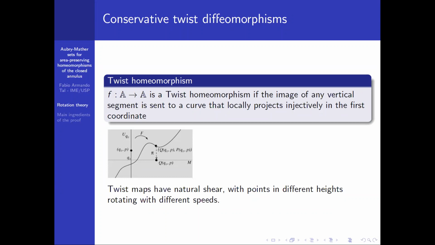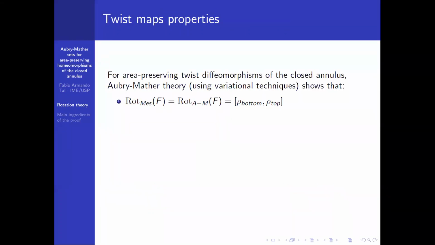And for twist homeos there is a very well-developed theory. It's called twist diffeos which preserve area. Then you have Aubry-Mather theory, which usually uses variational techniques, and you can prove that a lot of things are true. The rotation set in this case of the annulus is going to be the Aubry-Mather set, and the rotation set and the measured rotation set are going to be the same.